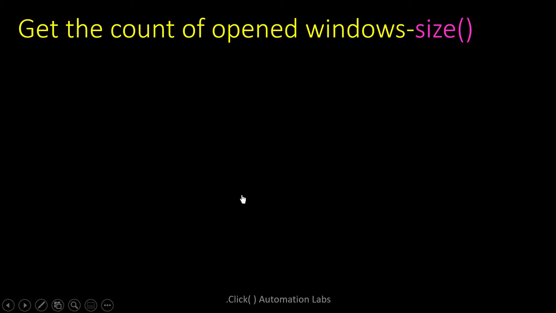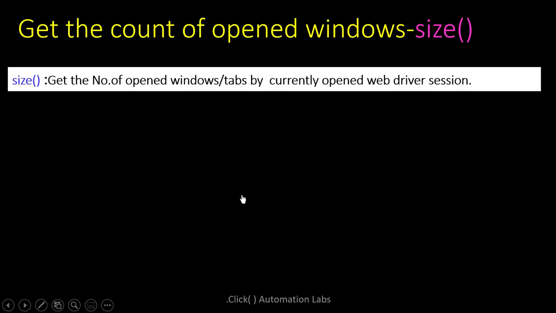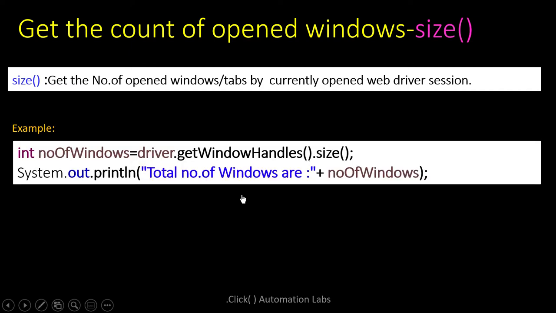So you wanted to know how many tabs are open. In such cases, we will be using the size method. This method will get you the number of open windows or tabs in the currently opened WebDriver session. Okay, so this is my syntax: get window handles dot size, and system dot out dot println means it will print out the value.